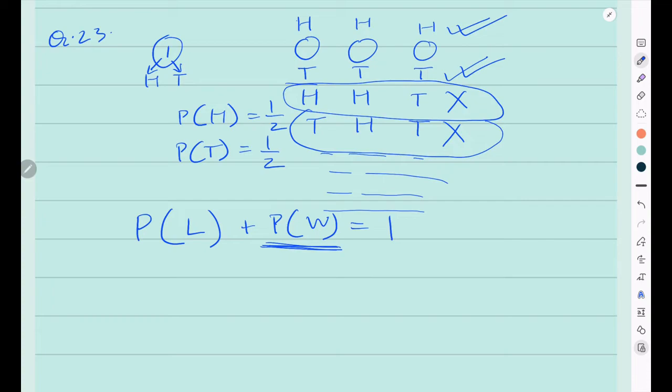Here we know that we get 2 cases, or 2 conditions, in which he can win. So condition number 1, and then this is also another condition: all heads or all tails.